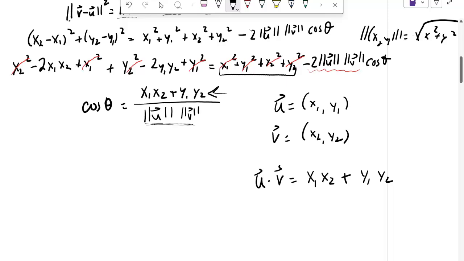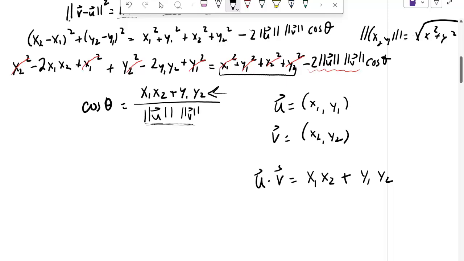The motivation is: how do I have a numeric way to help me talk about angle? In particular, you've probably talked about this in Calc 3 if you've had Calc 3. The important angle we care about is 90, typically. When are they perpendicular to each other, right? How do you check that with a dot product?